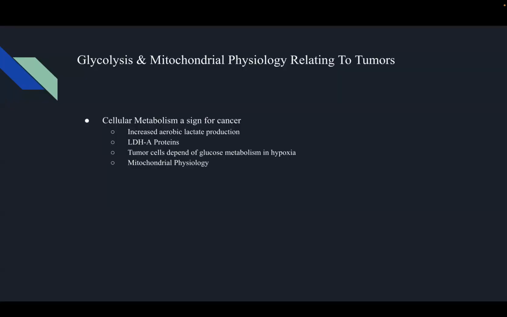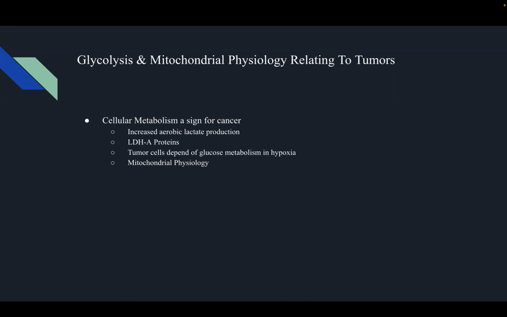Next, I want to touch on the glycolysis and mitochondrial physiology relating to tumors. Cellular metabolism is a sign for cancer that you want to keep a close eye on, and how it is functioning and whether it is normal or not. In tumors, you will see increased aerobic lactic production as well as LDH protein in tumors.